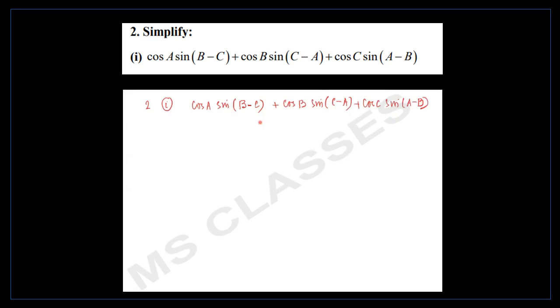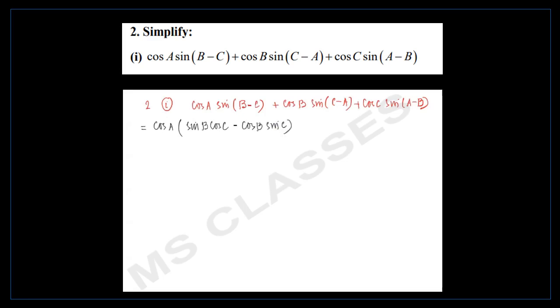Now, how to simplify here? We can use the sin(a − b) formula. These are of the form a − b. So we can write cos a into (sin b cos c − cos b sin c).